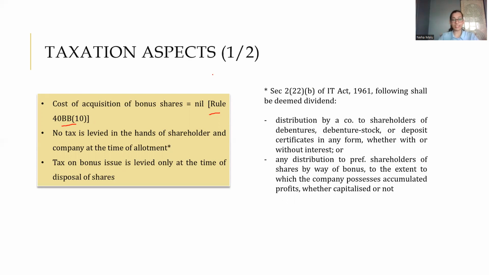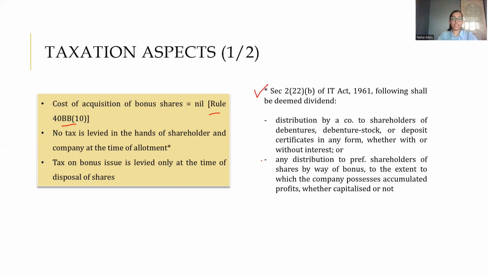Now, here it is interesting to note that as per Section 2(22)(b) of the Income Tax Act, when a company distributes to its shareholders debenture, debenture stock, or deposit certificates in any form, or when it distributes bonus to its preference shareholders, then they are considered as deemed dividend, and therefore would be taxed pursuant to the taxation of dividend, which I'll be discussing in the later part of my presentation.